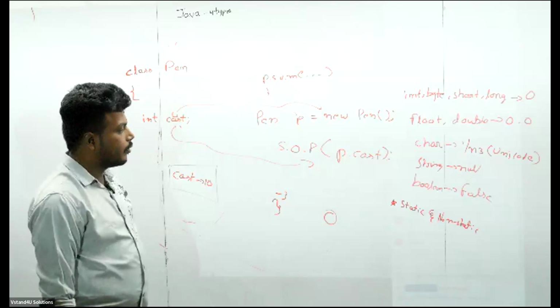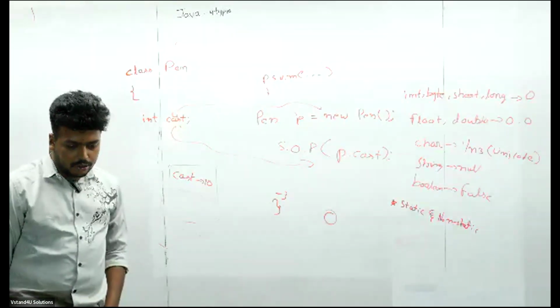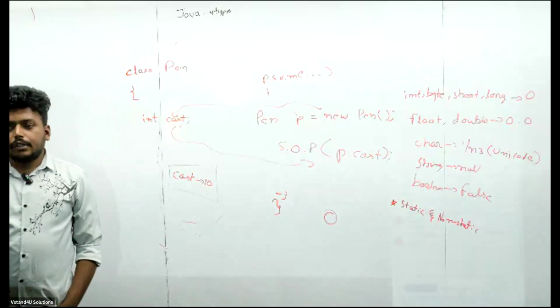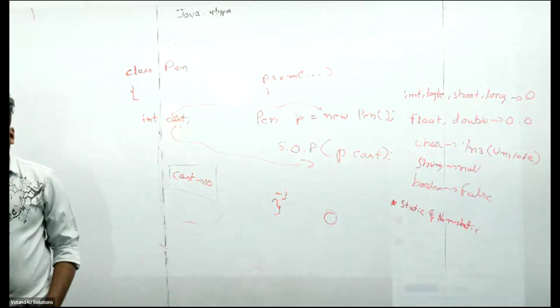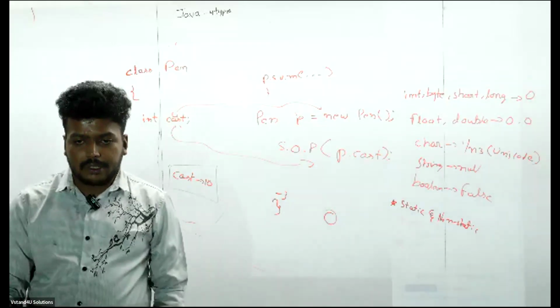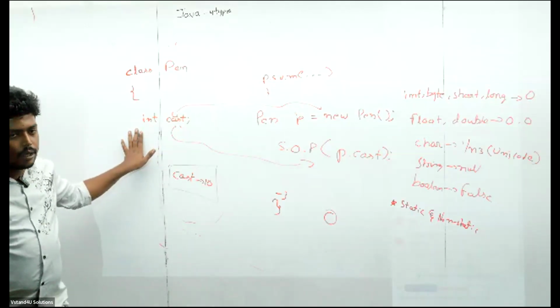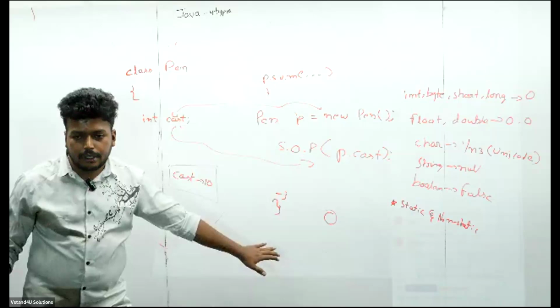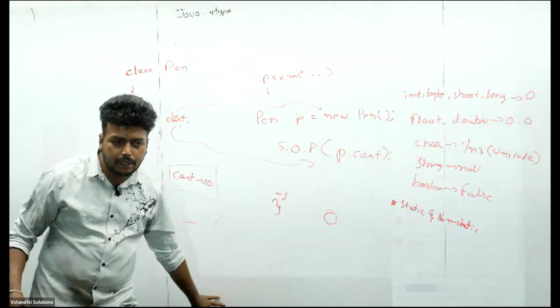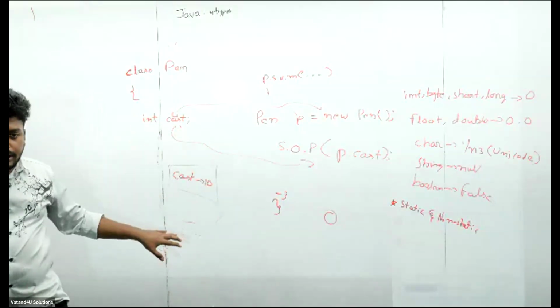Now for you, I have a task. Everyone, close your notes and open your laptop. If you don't have a laptop, write a program in your notes. Take a class with the default value. I have tried only one data type. You have to try every data type, create an object, print the statements, and show me the output, the default values of all the data types.